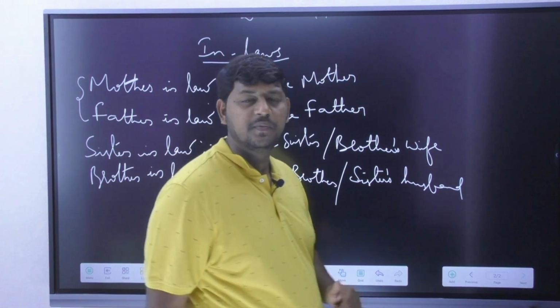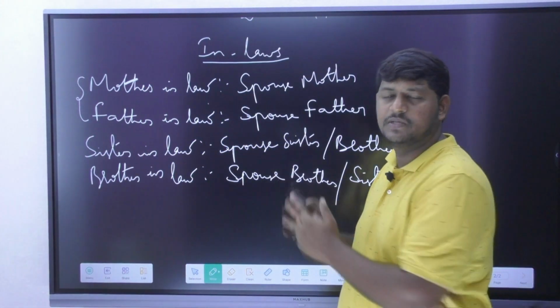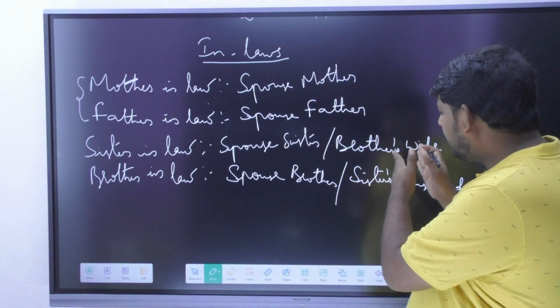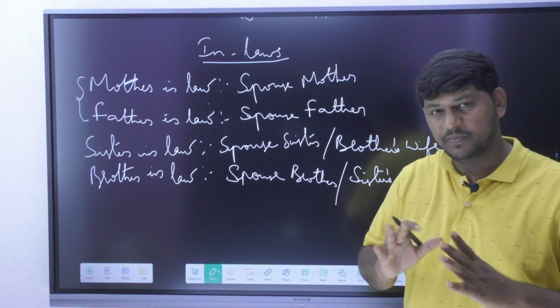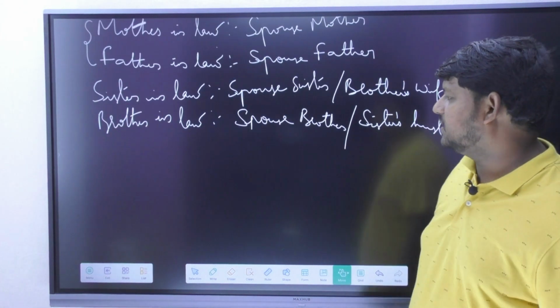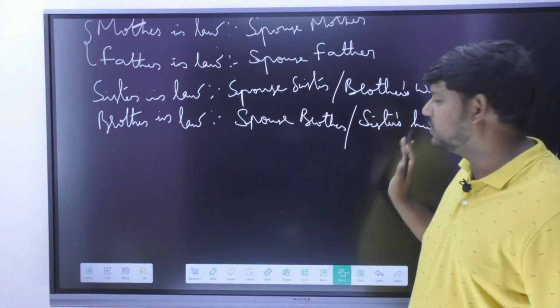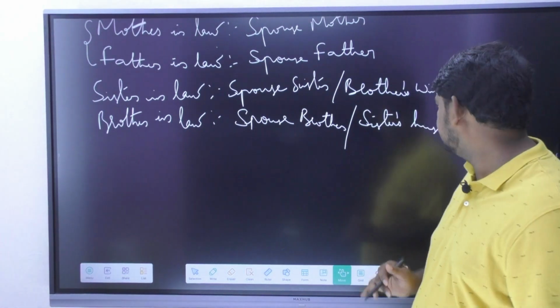As soon as these keywords appear, you don't go with only spouse's sister or only brother's wife. No, you have to keep both pieces of information. Clearly, it could be either your spouse's sister or your brother's wife. In the same way, your spouse's brother or sister's husband.